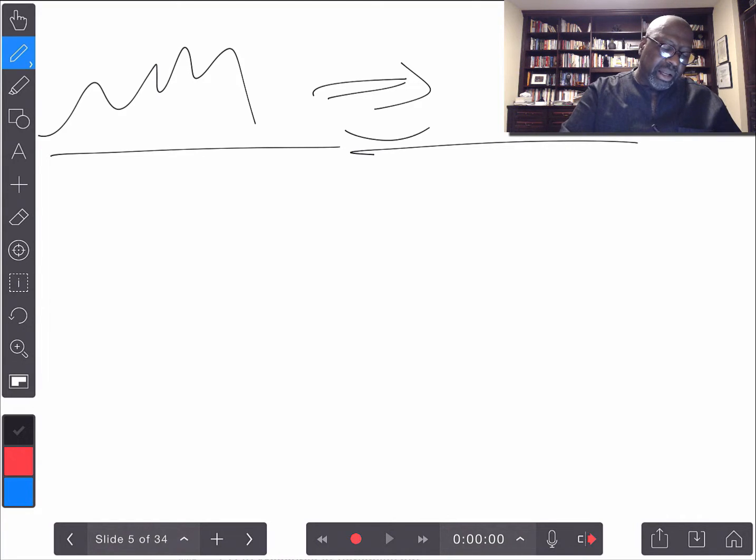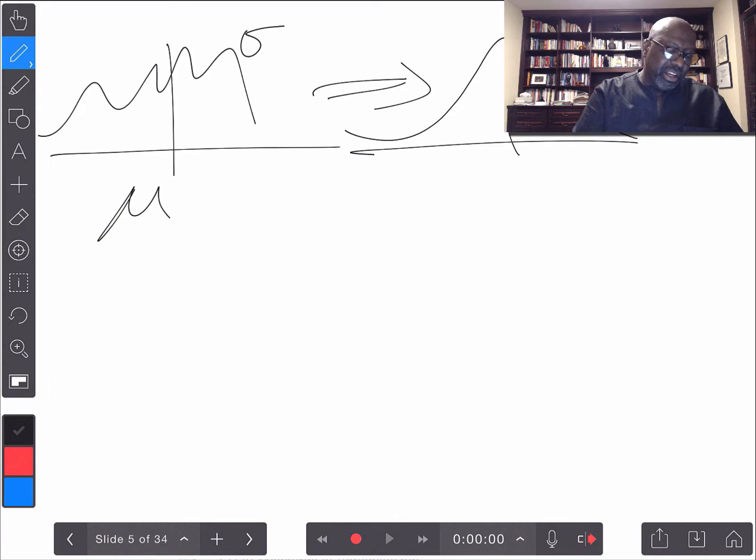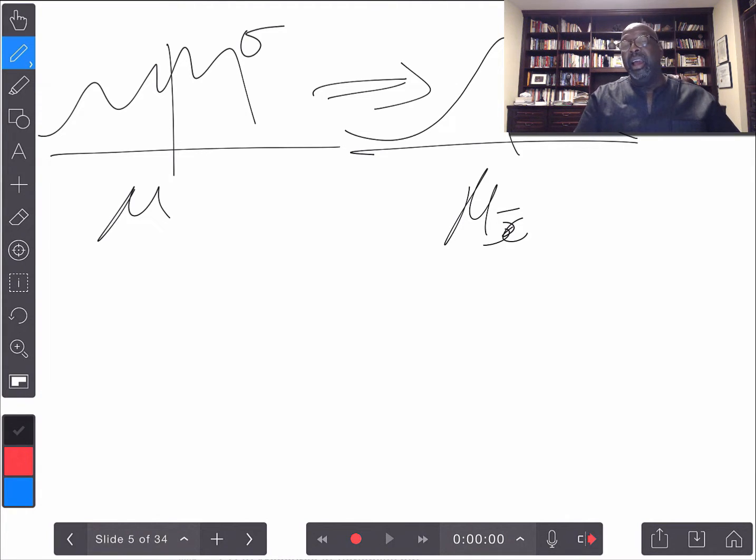Well, it turns out under special circumstances, the sampling distribution could still look like this. So this would be the mean and standard deviation of the population, the mean and standard deviation of the sample means, right? And so it turns out that under special conditions, so what are the special conditions?